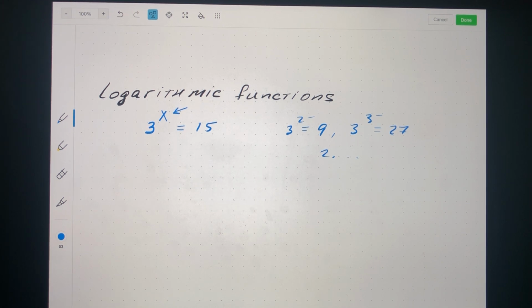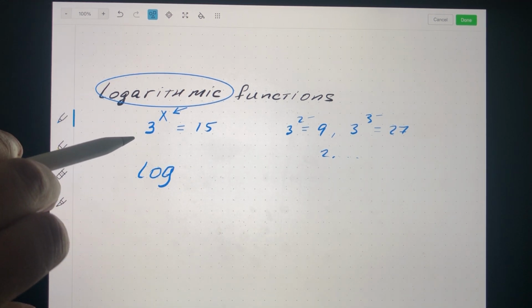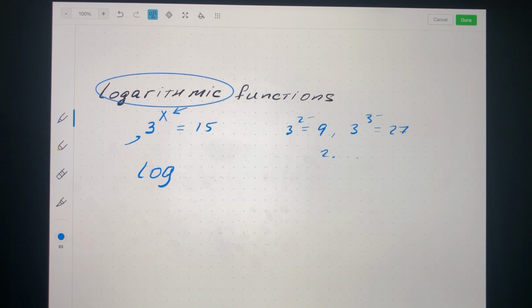That's where the logarithms come in. So logarithmic functions allow us to undo the exponents. So the way this works is we have logarithm, and then the base number is 3. So the base always stays on the bottom.